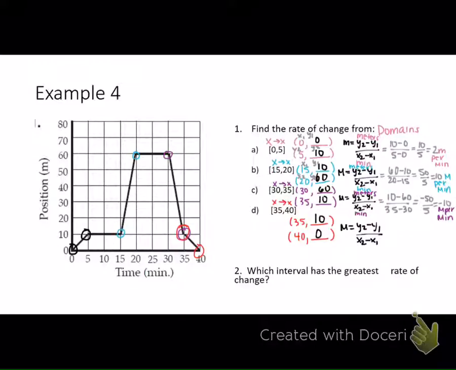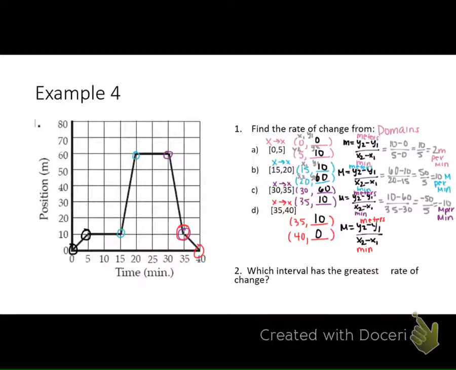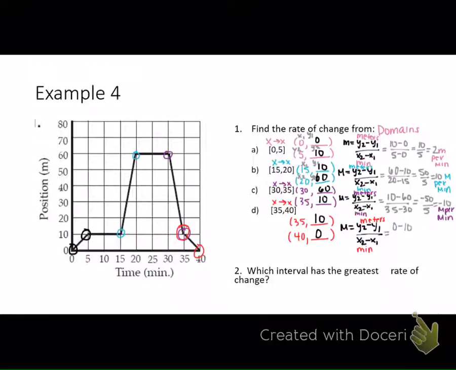Or you can do the stackable if you want to do it that way. I'm fine with that. So that would be 0 minus 10 over 40 minus 35, which is negative 10 over 5, which is negative 2. But what are my units? Meters per minute. Okay.